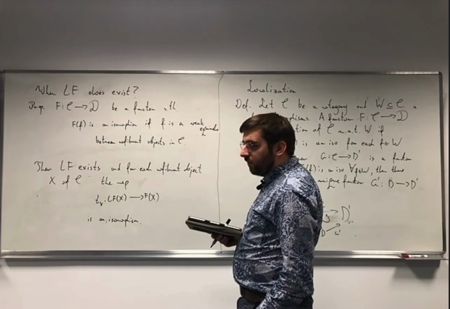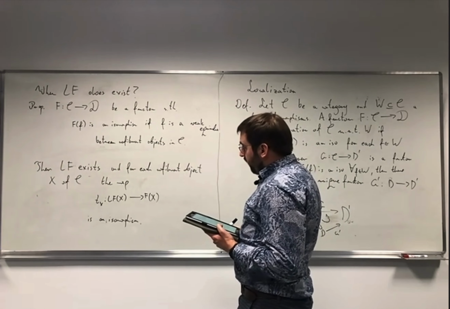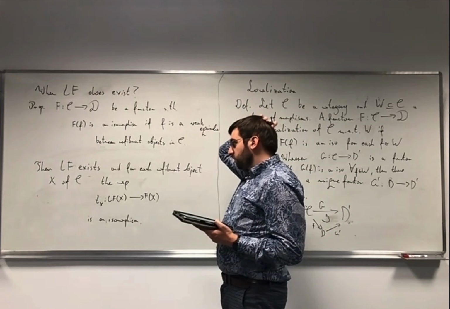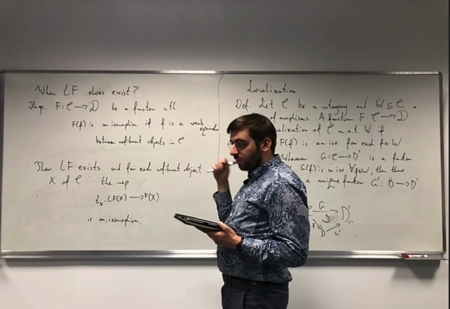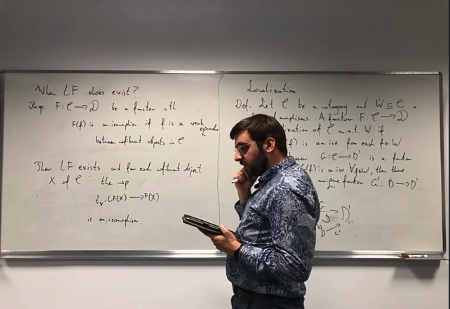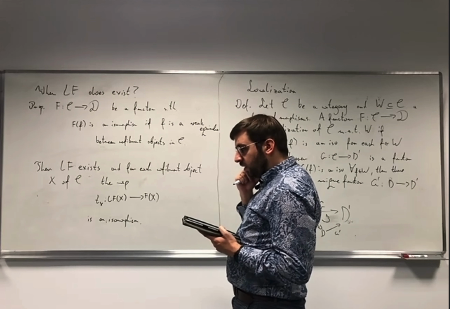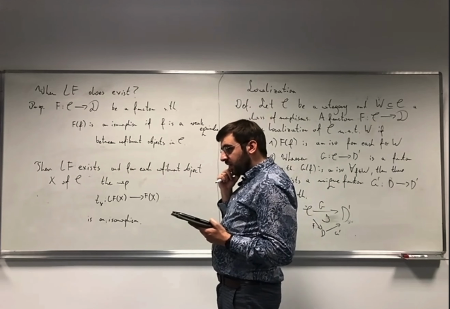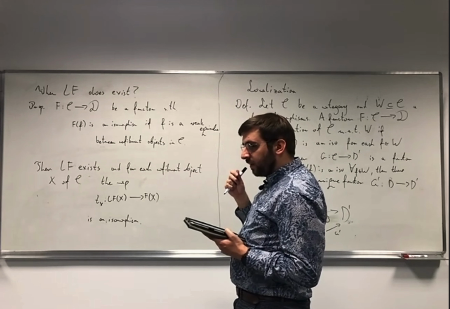And then we'll have the statement: the right derived functor exists if F sends weak equivalences between fibrant objects to isomorphisms. Exactly like the colimit, if we have cofibrant objects, the colimit preserves equivalence. So it's for the colimit, not the limit.